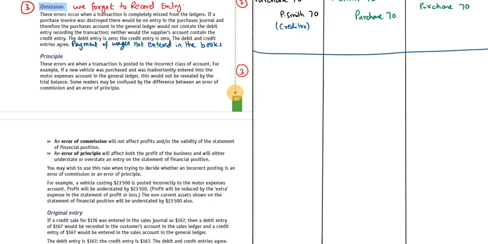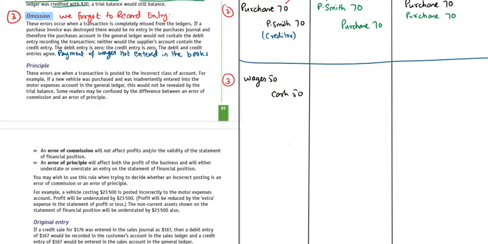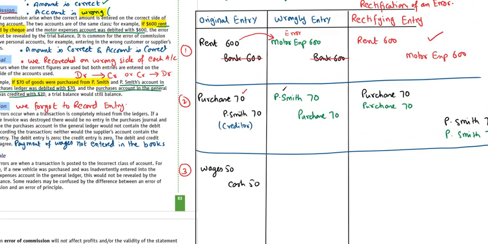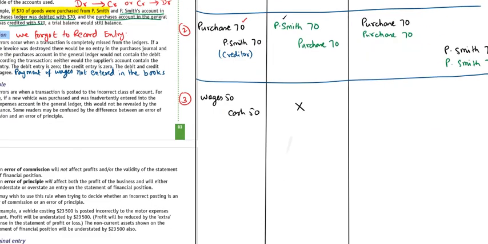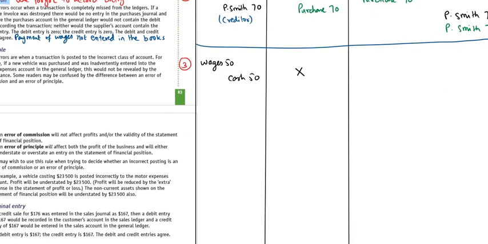So what is the right entry? The original entry will be wages expense debit by 50, and the wages are paid by cash, so cash credit by 50. So what wrong did we do? We forgot to record in the accounts.